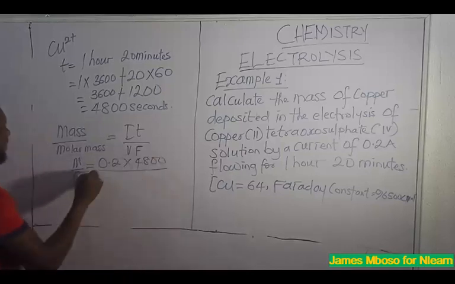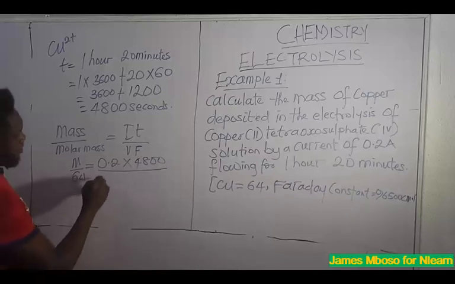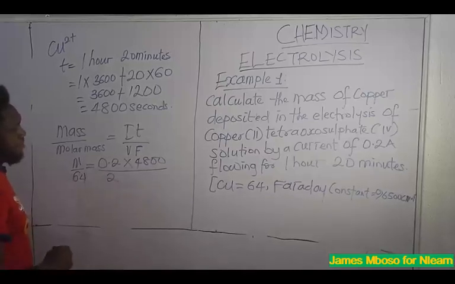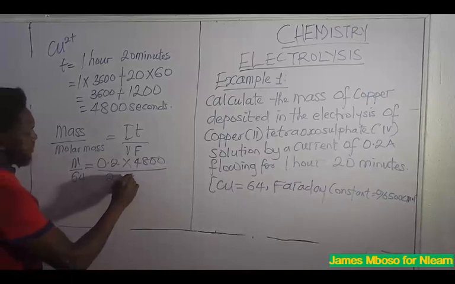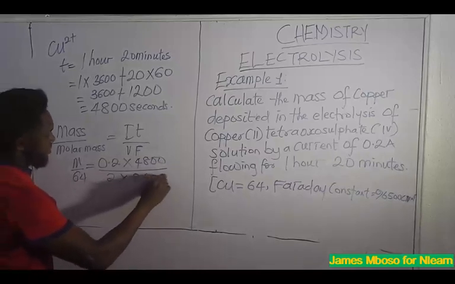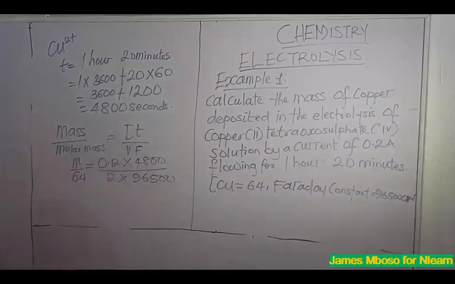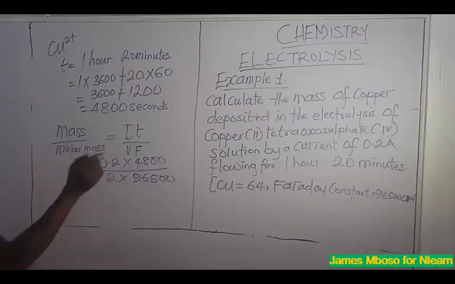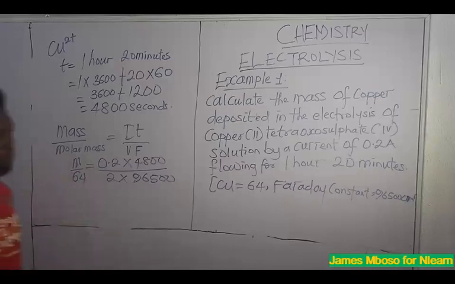We're dividing it by 2, which is our valency, times 96500. So now you make M the subject of the formula by cross multiplying.